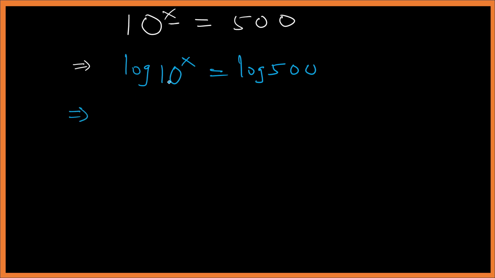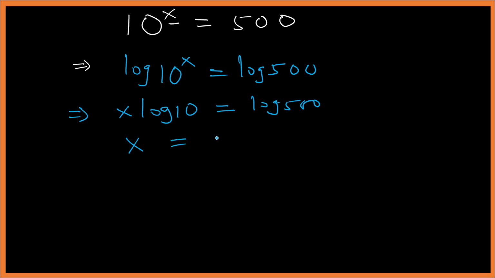So this side will be x log 10, and we have log 500. Even though log 10 is 1, let's keep it for now. Let's divide both sides by log 10.